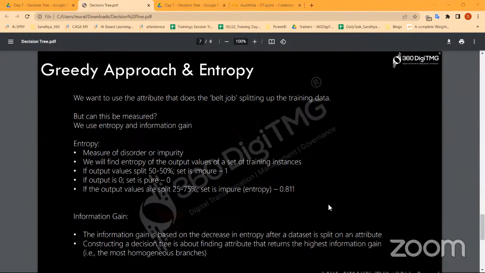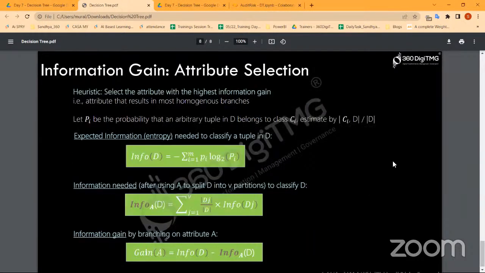This is the entropy, friends, that we are using. We have specific formulas to find out the entropy and the information gain. For example, you can see here the statistical measure entropy, expected information, which is also called entropy, and it is needed to classify the tuple.